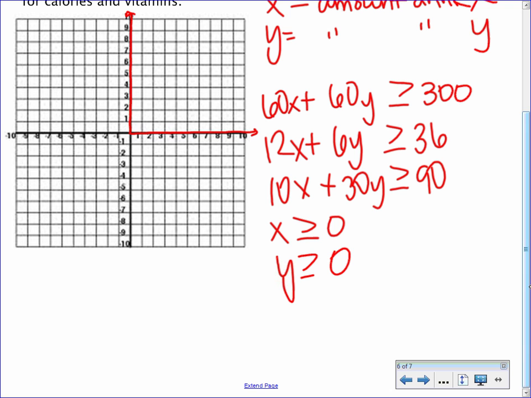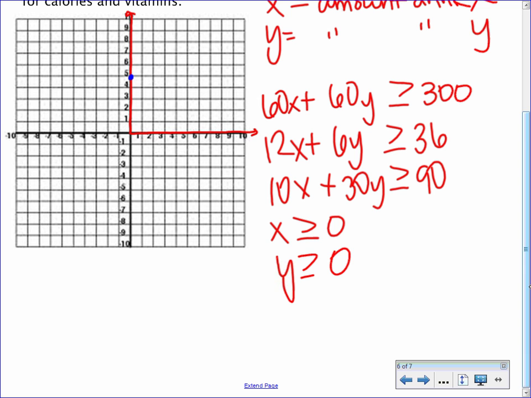Now, we need to graph these. 60x plus 60y equals 300. We don't have to put these in slope-intercept form every time. What can we do? Okay, we can say, all right, what's our y-intercept?